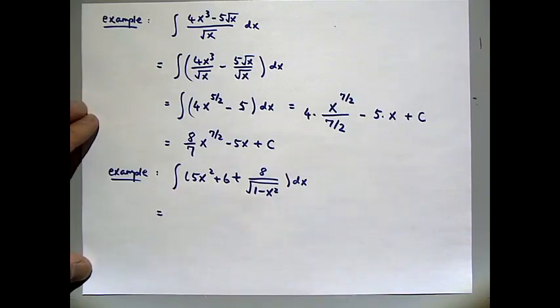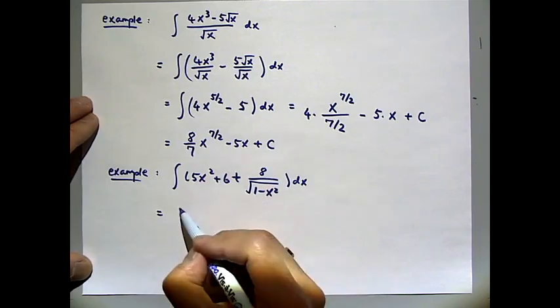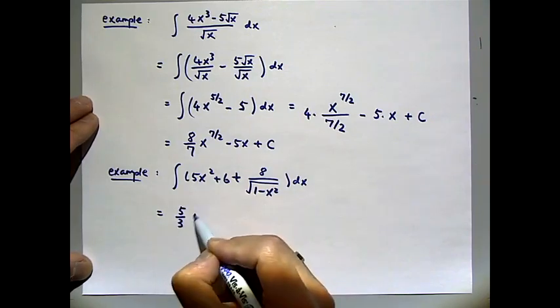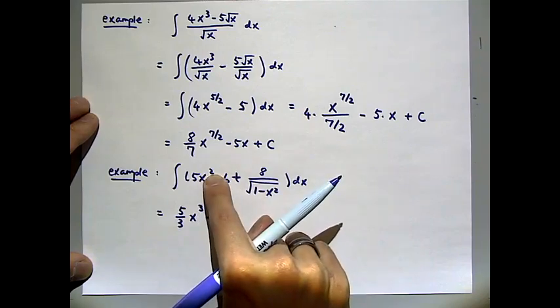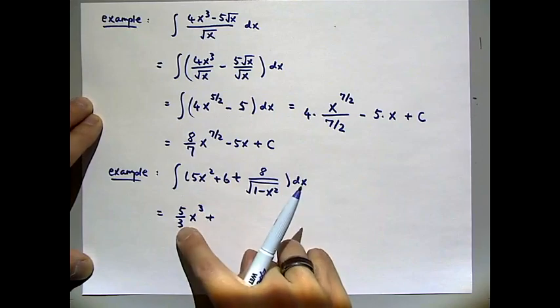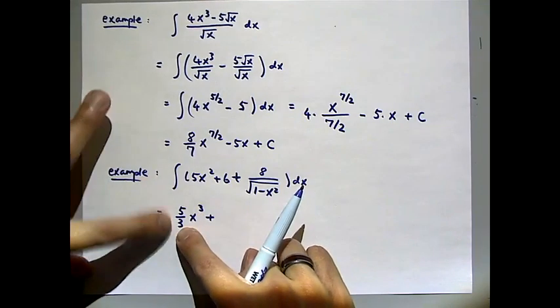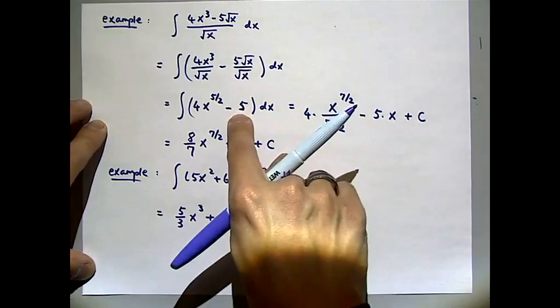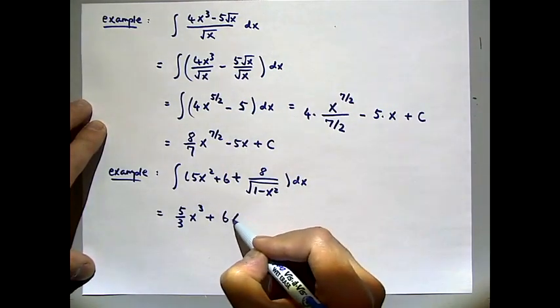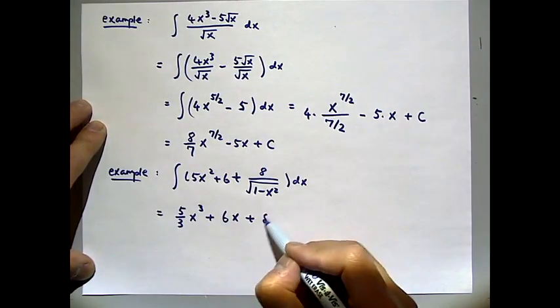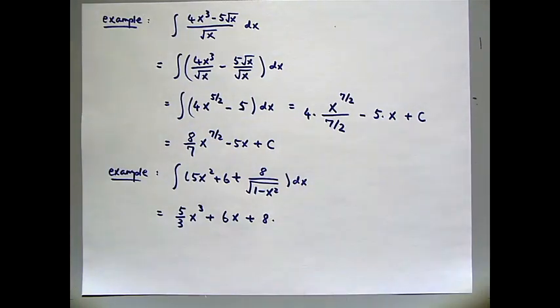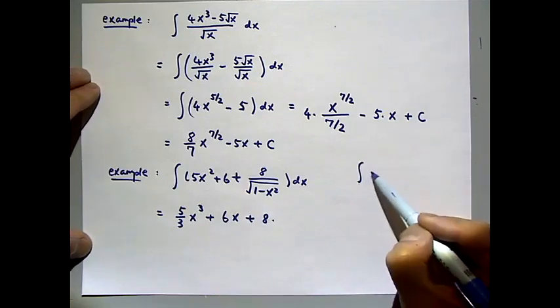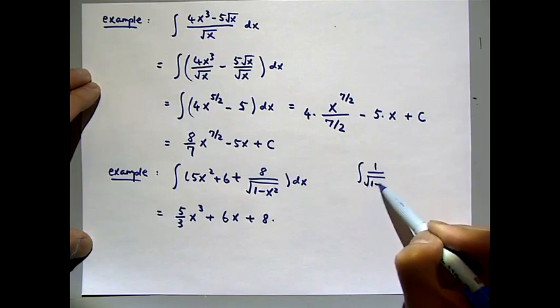The first two seem pretty easy. We add 1 to the existing power, so it becomes a 3 divided by the new power, so 5 over 3. This one's just like the 5 before, gains a variable. All right, so then we have 8 times the indefinite integral of 1 over 1 minus x squared.